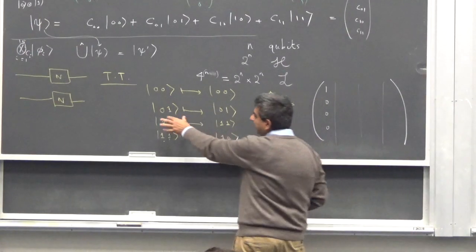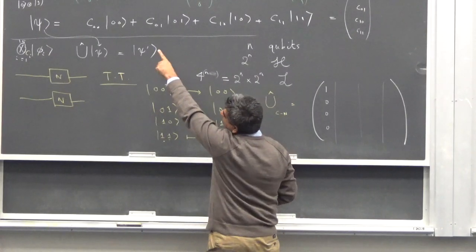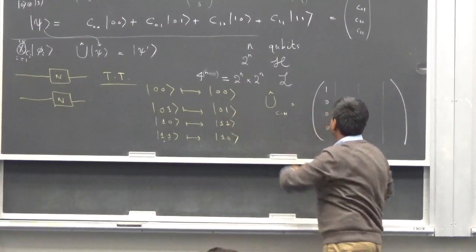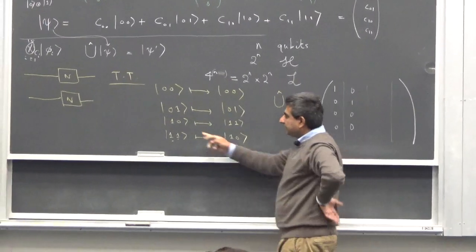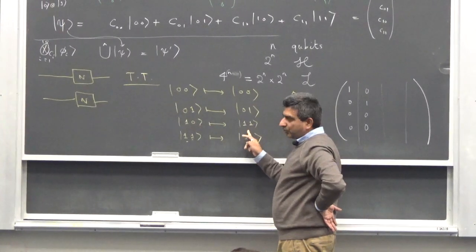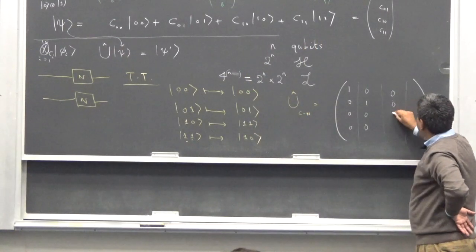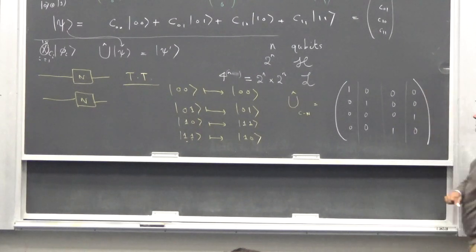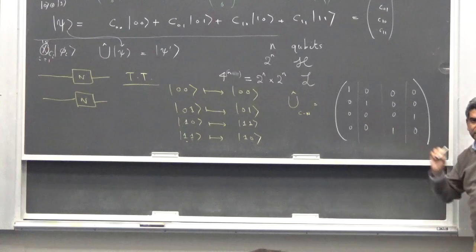Then I take the second basis state and find what the output is, and write down the corresponding matrix form. I will get 0, 1, 0, 0. Then I take the third input, find out what the output is, and write the matrix form for this. I will get 0, 0, 0, 1. Likewise, I fill up the fourth column. So this is the control NOT operation expressed in matrix form.